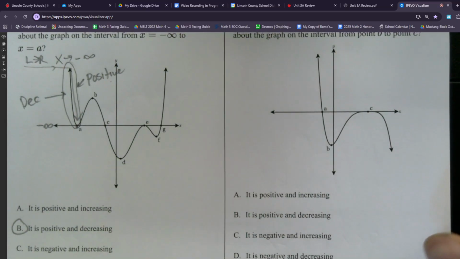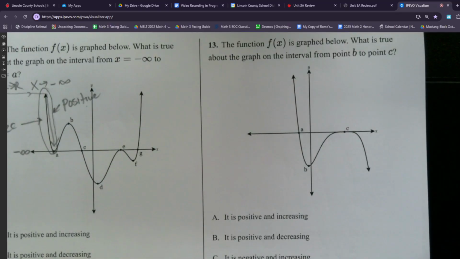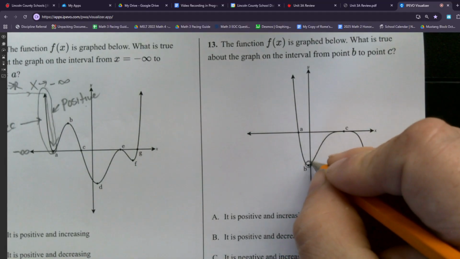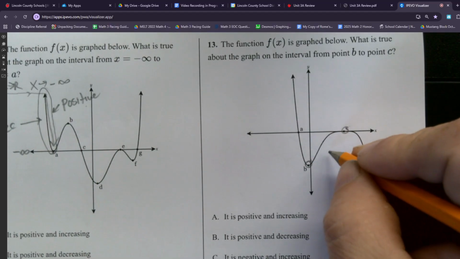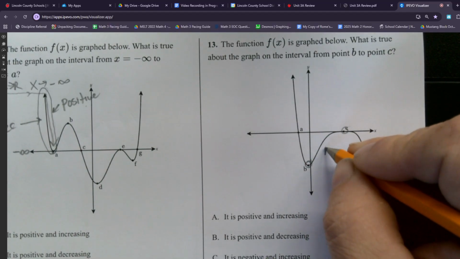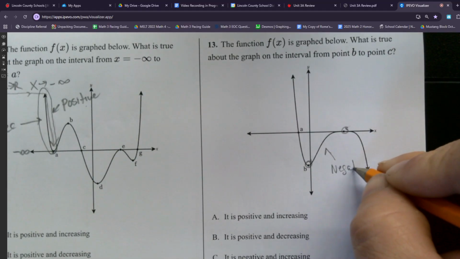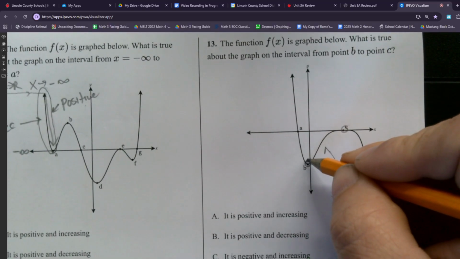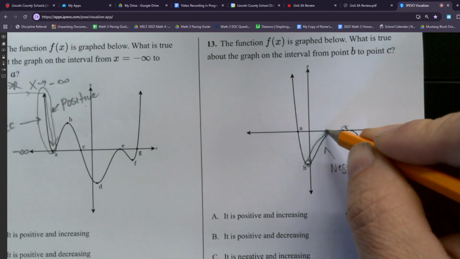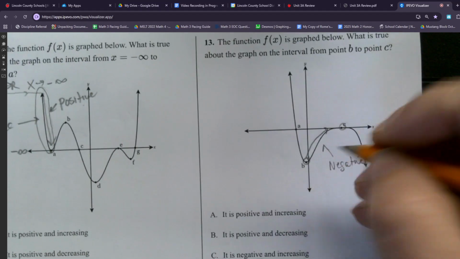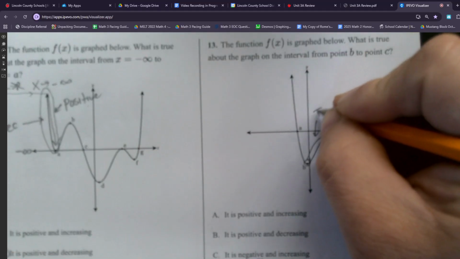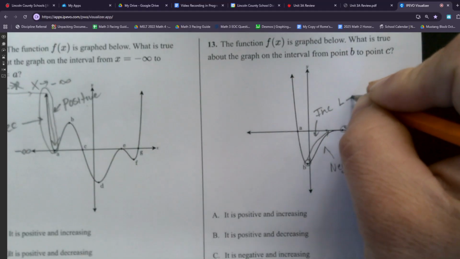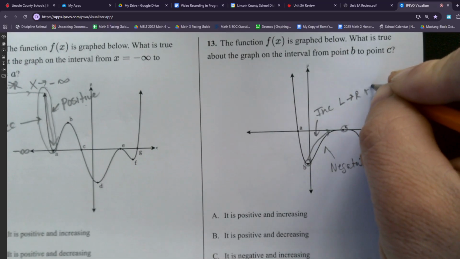Okay. The function f of x is graphed below. What is true about the graph on the interval from point B to point C? So point B, point C. Well, first of all, this is below the x-axis, so that's negative. But from left to right, this is increasing. It has a positive slope.